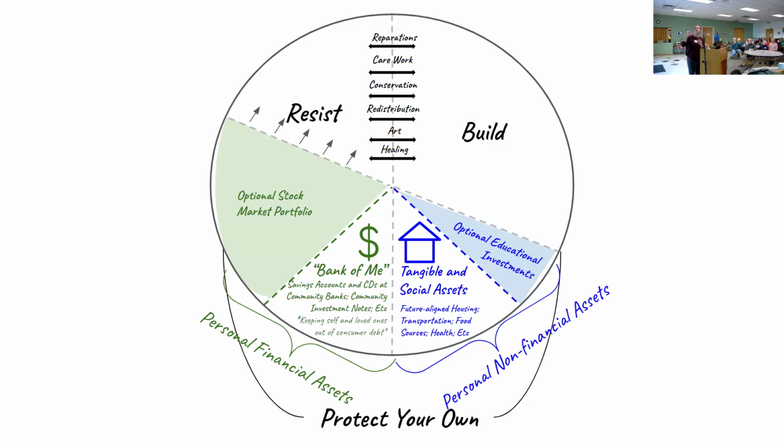And I have this personal opinion that as my stock market portfolio grows in size, it's directly contradicting the work that I might be doing to resist the bad. So it's almost like I can think about it as my return on investments of time and work and donations to resisting the bad is reduced because I'm getting return on investments from a financial perspective from my Wall Street portfolio, or my stock market portfolio.